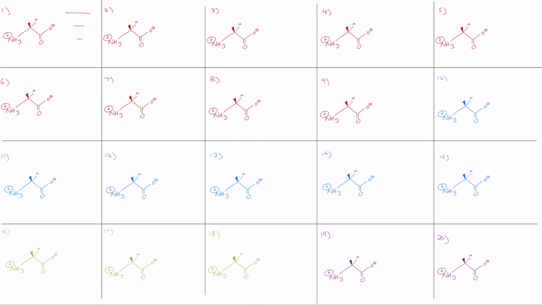For each amino acid, I'm going to fill in the variable side chain R group, as well as write the full name on the top, the 3-letter abbreviation on the bottom, and the 1-letter abbreviation below that.